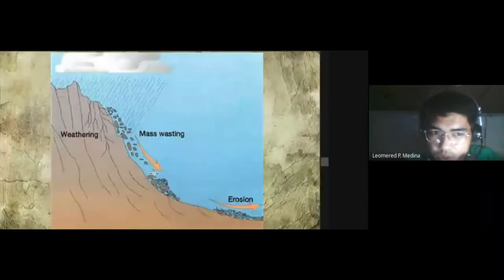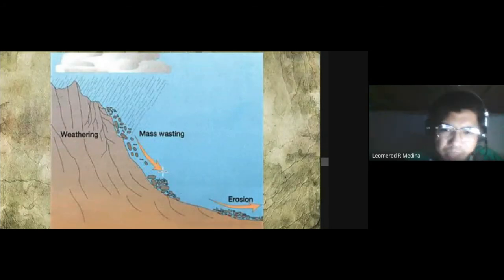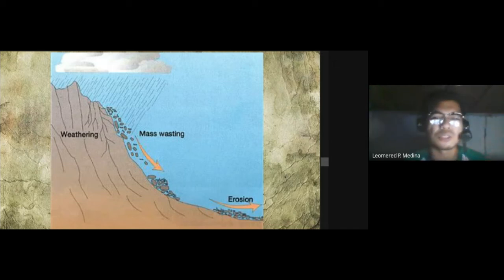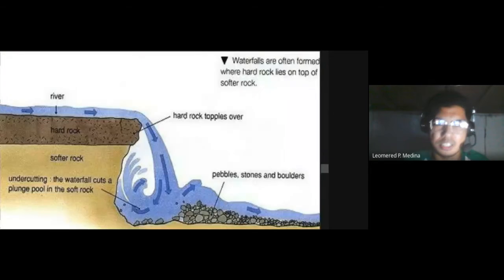So once again, we have here some examples of mass wasting. If a landslide will happen, it will just be the movement from a high slope to a lower portion of the slope. Then the erosion would simply follow this certain type of process.